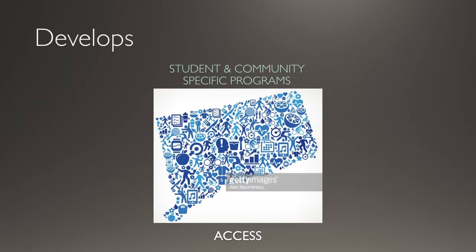The final portion of my concept map that I'm going to talk about is the nurse's ability to develop student and community specific programs, and how this really touches on the access portion of the community nursing practice model. When a nurse listens to what her students and the community really needs, he or she is able to develop programs that are unique to the community, whether it's regarding teenage pregnancy, drug use within a high school community, or maybe even emotional counseling if there's a high divorce rate or a high rate of bullying.